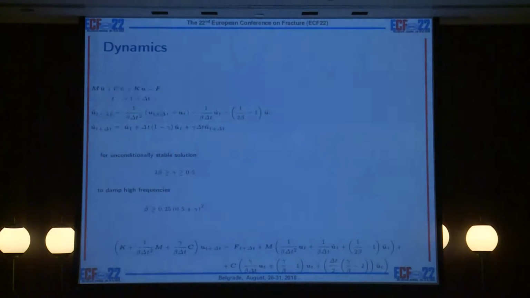Okay, something about dynamics. We are solving equations of motion. M, C, and K stand for mass, damping, and stiffness matrices. F is the loading vector, U is the displacement vector. We are using an implicit time integration scheme according to Newmark. So the time derivatives of displacements, here accelerations and velocities, are calculated numerically according to these equations.